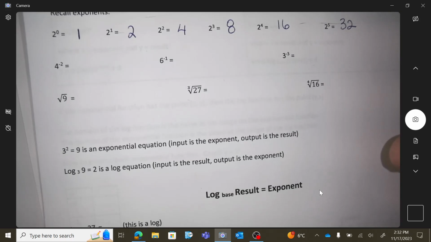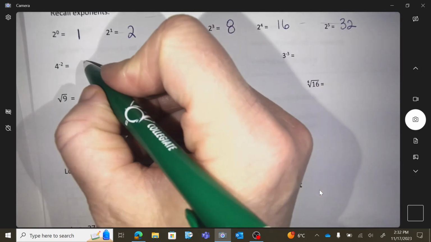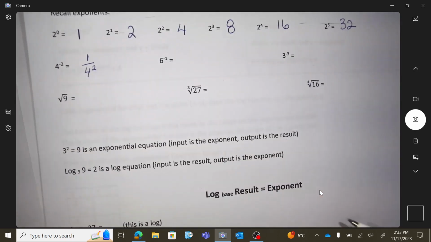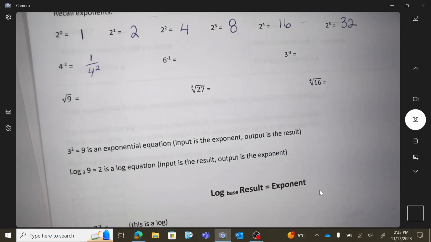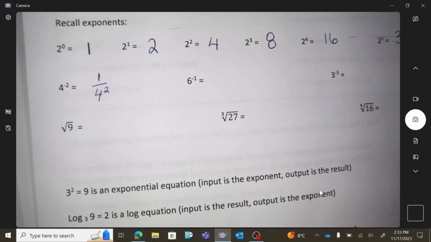My grade 10s are doing it right now. Okay, if you ever have a negative exponent, it basically changes locations.